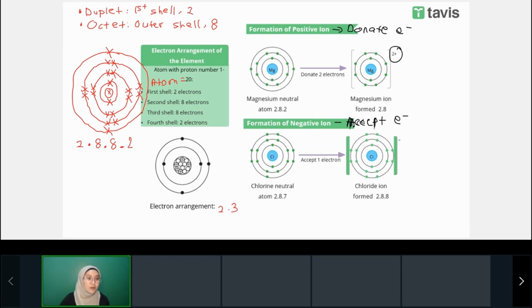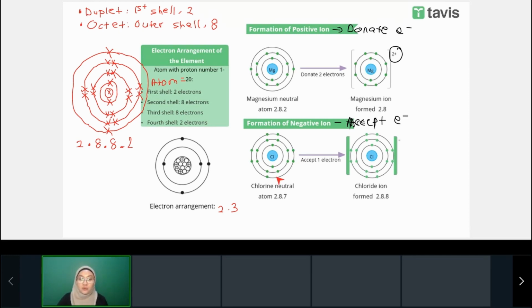Let's see chlorine. Chlorine is a neutral atom. The electron arrangement is 2.8.7. It has 17 electrons. So chlorine has only 7 electrons at the outer shell, so it is not stable.